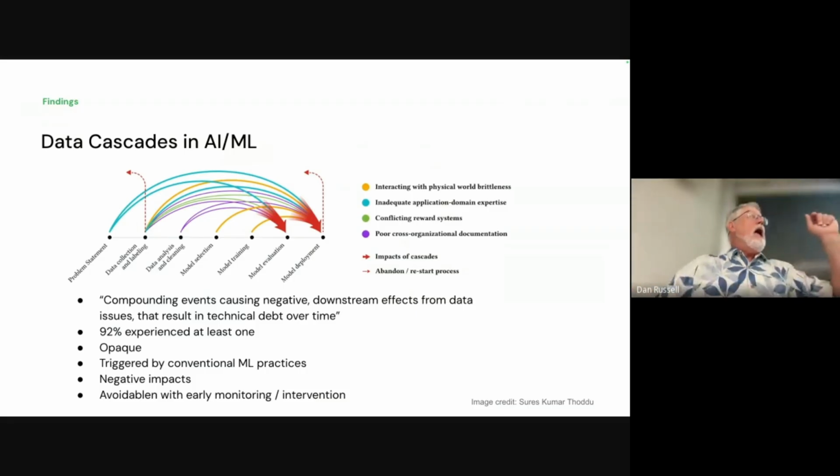However, every step in that process affects every other step. So the way you state the problem at the very beginning will affect the kind of data that's collected. It will affect the labeling process. It will affect the way the model is deployed. So things can go wrong at every point along this process.